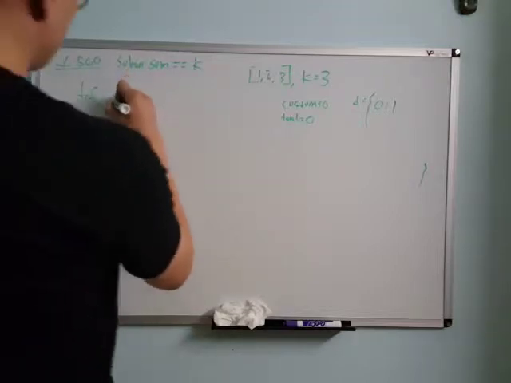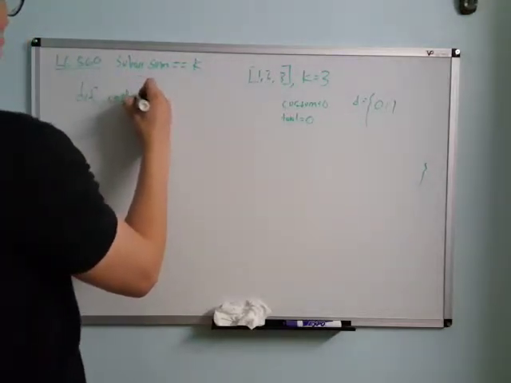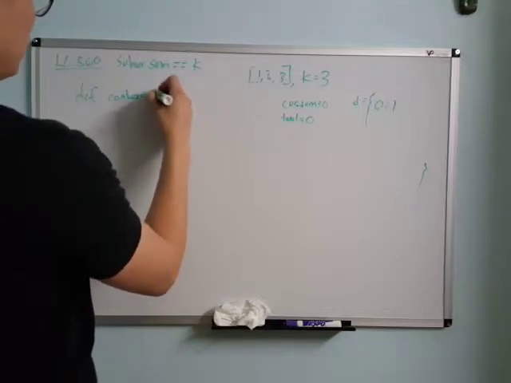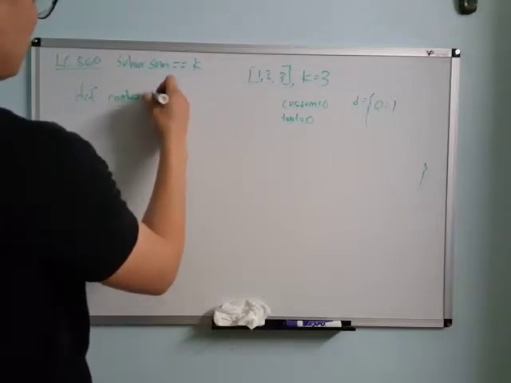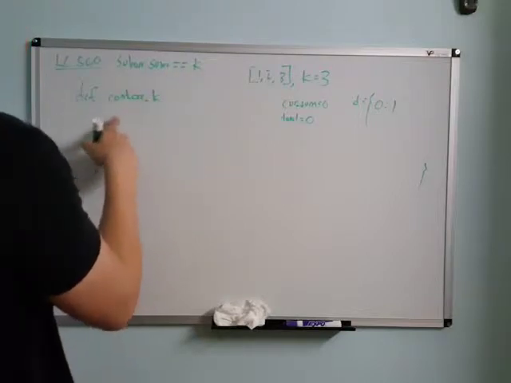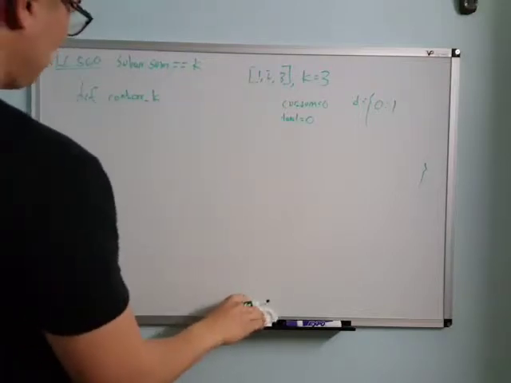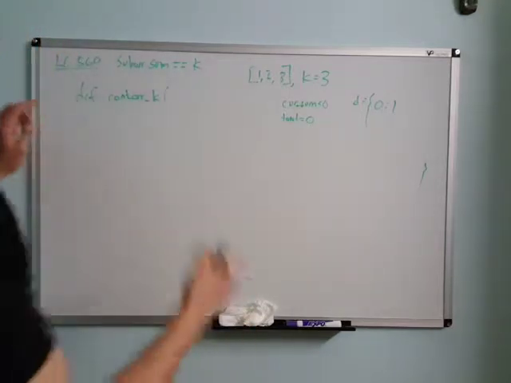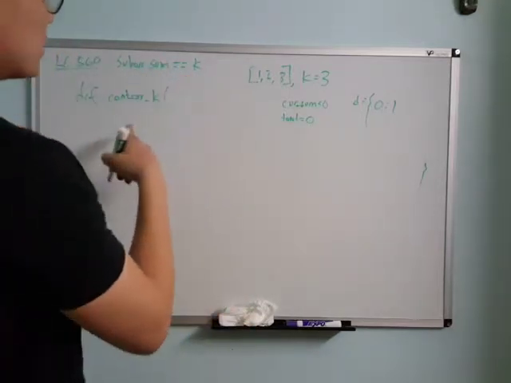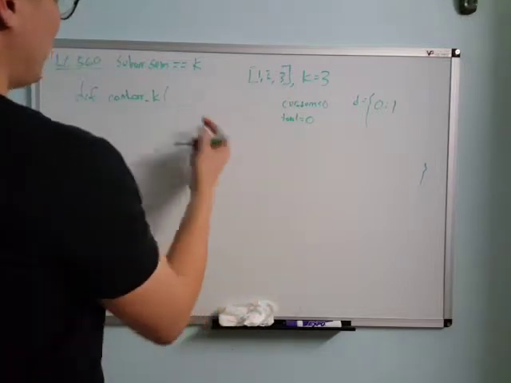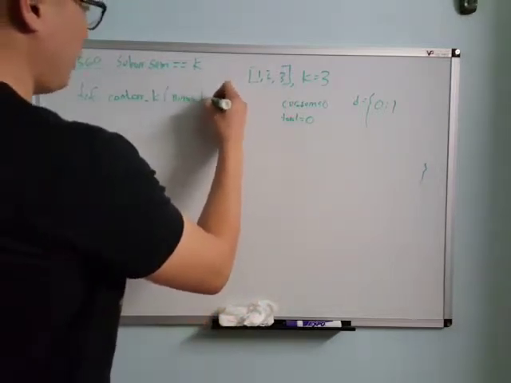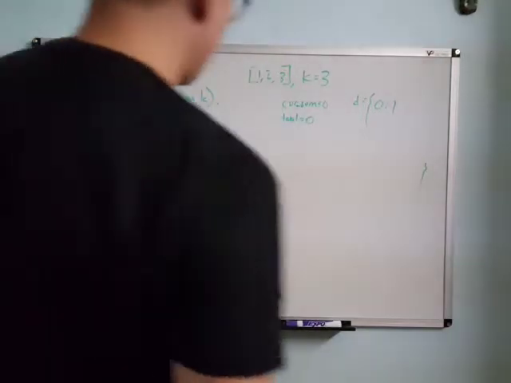So we'll do like count array k, I guess, continuous array k. Okay, that's not that great, but we'll just work with that for now. I don't think you should spend too much time on that. And you're given some sort of array nums and an integer k.